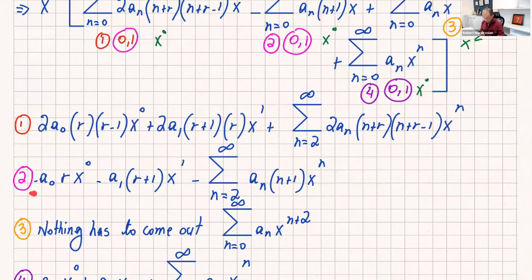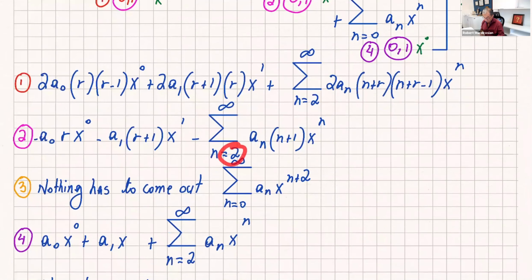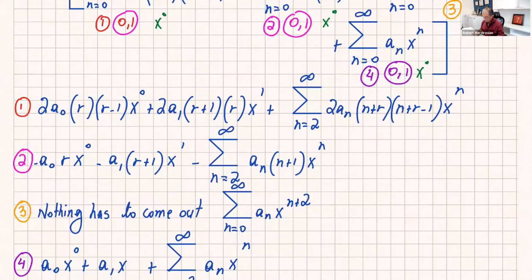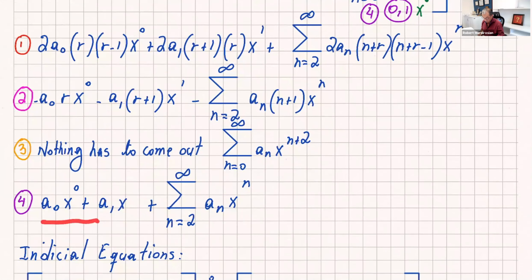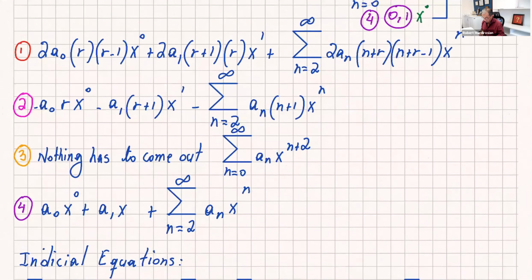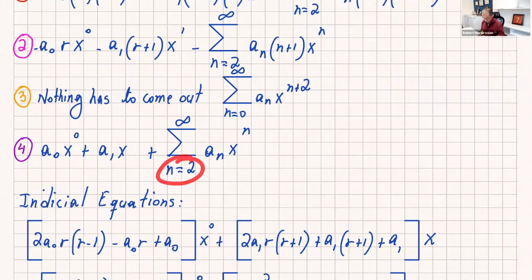For number 2, you put 0 and you put 1 and minus the power series, and you start from 2. Number 3 did not need to change because it was x squared. And number 4, again, if you do that, you get a0 x^0 plus a1 times x plus, and that just starts from 2.